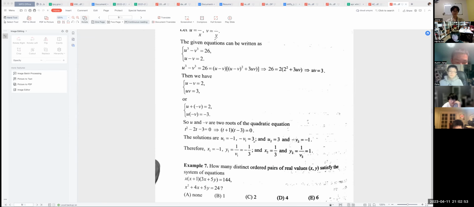But when you're doing the math question, you cannot use the computer to help you.